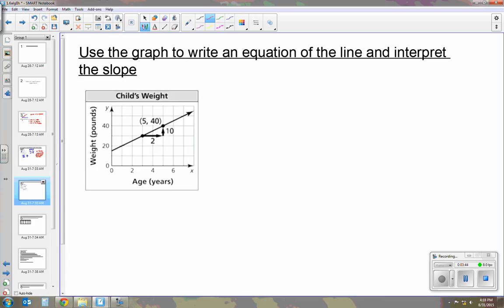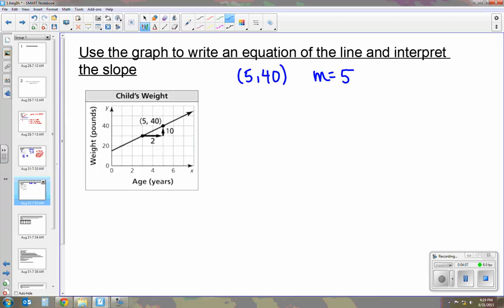This one, the y-intercept is not as easily found because it's somewhere in between your 10 and your 20, so we're going to have to do something different. And they do give us two pieces of information. They give us a point, which is (5, 40), and they also give us the slope, which is our rise over 1, which is 10 over 2, which is 5.